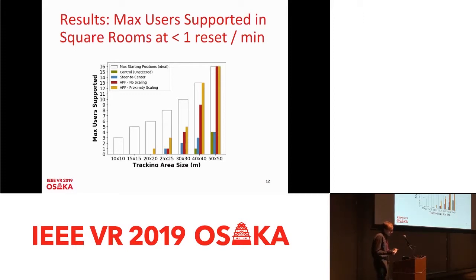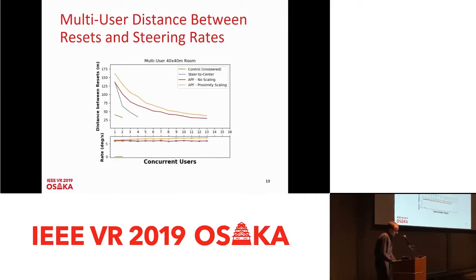By the time you get to a fairly large tracking area, a 40 by 40 or 50 by 50 tracking area, you can support well over 10 users. In fact, you can support the maximum number of users that tracking area could support if you place users on the diagonal.